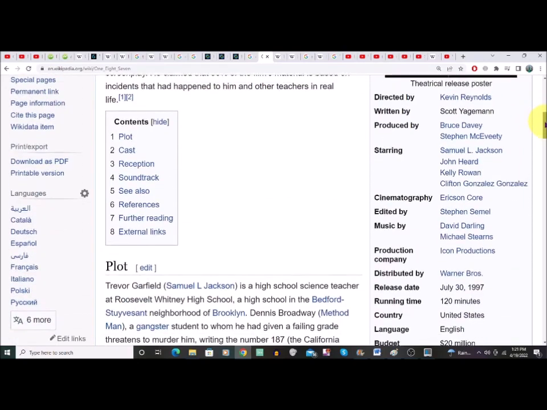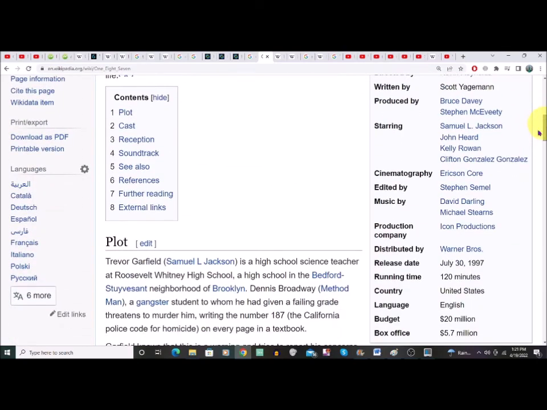A couple of interesting things with the start of this. He starts off on the East Coast at Roosevelt Whitney High School. So we got, just out of coincidence again, Whitney Houston's wedding day is one of those 187 dates that we were just looking at. We got Roosevelt referenced again, so there's like double references there.